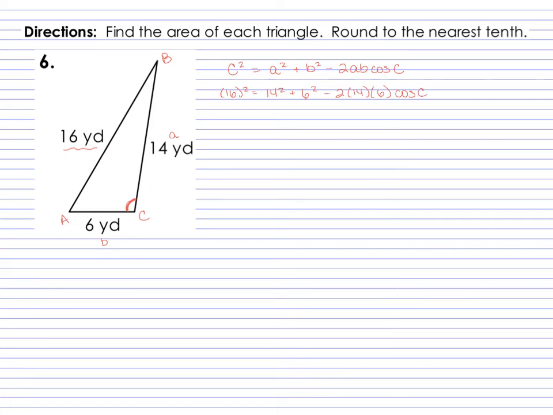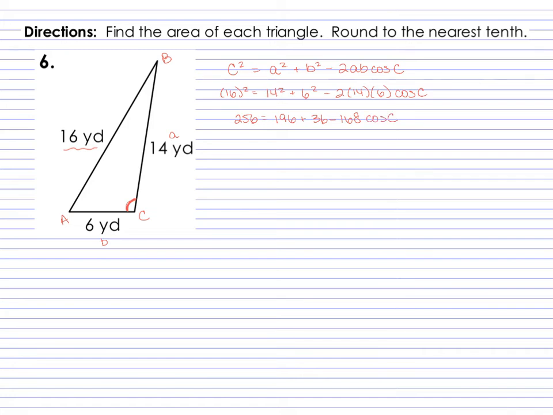I'm going to square everything out and combine things together. So 16 squared gives me 256 equals 196 plus 36 minus 168 cosine of C, if I multiply all those through.